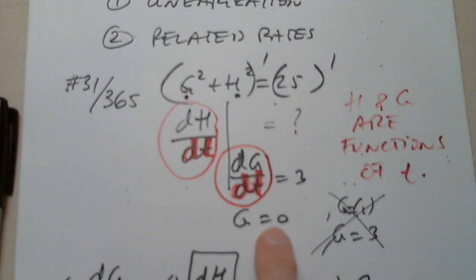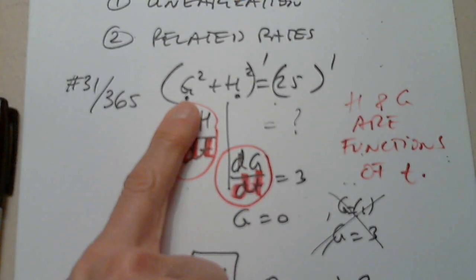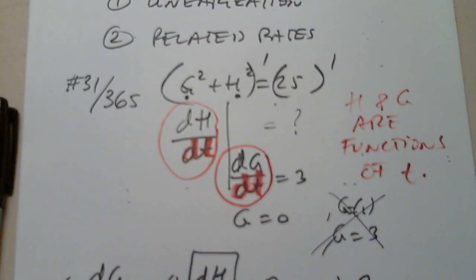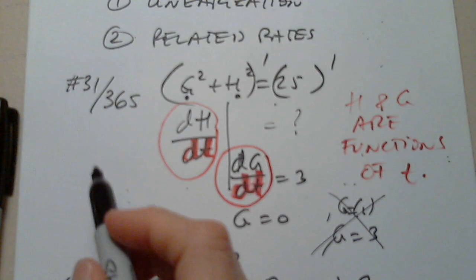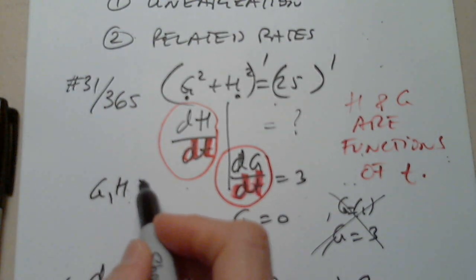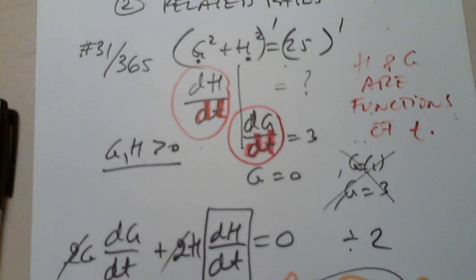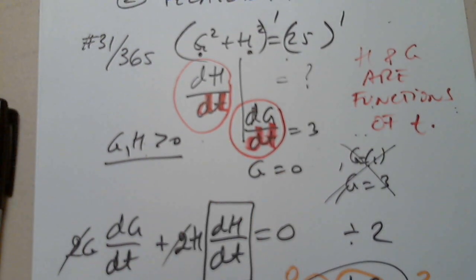If g is 1, then h squared is 24, and we take the square root. But they should tell us that g and h are positive numbers. So we don't have to worry about plus or minus. This was a problem on related rates.